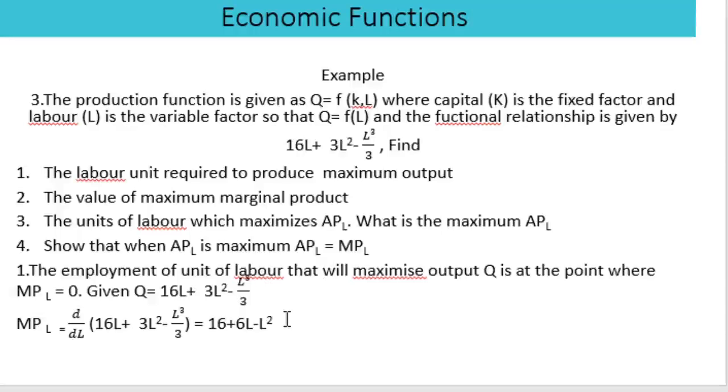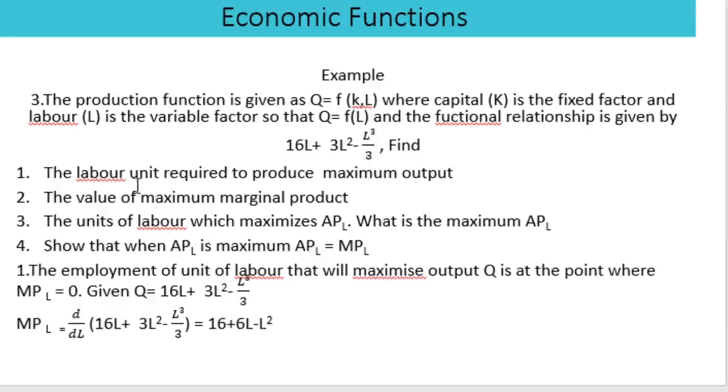Another example is given the production function as Q equal to a function of K and L, where capital K is the fixed factor and labor L is the variable factor, so that Q is a function of labor. It is assumed that K is the fixed factor, and therefore the function is given in terms of the variable factor: 16L plus 3L square minus L cube by 3.